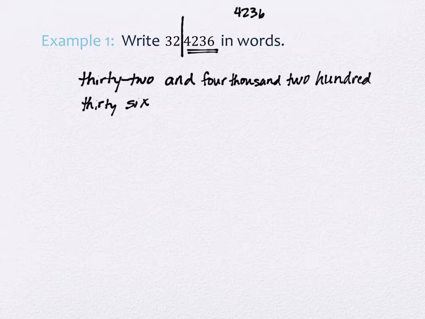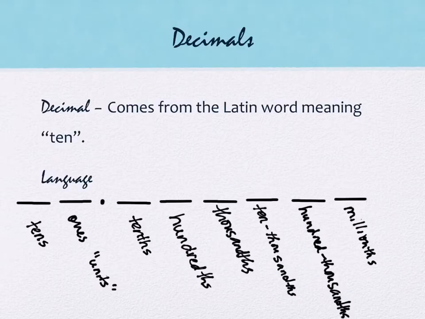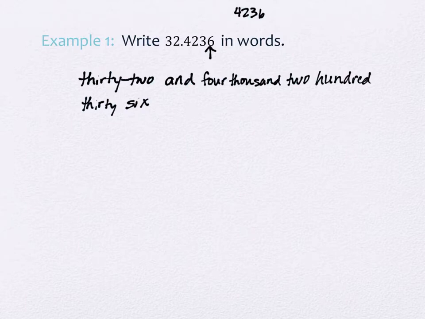And then we have to indicate where it ends. Where does that 6 have its final resting place? If you were looking at this location and thinking about it like we wrote out all of our words, what place value is the 6 in? 10 thousandths. So then we would write 10 thousandths.